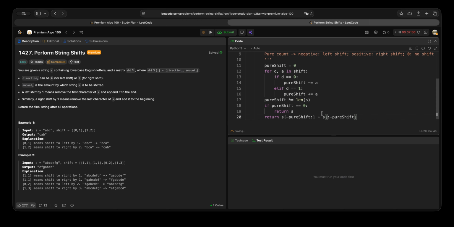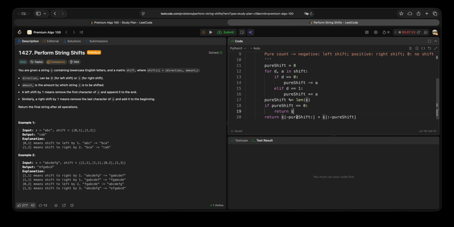Does it work also for positive numbers? I mean, a positive pure shift? Let's look at it. If the pure shift is positive, that means we are removing something from the right and adding it to the left side. So in the beginning, we're using the right side, right?